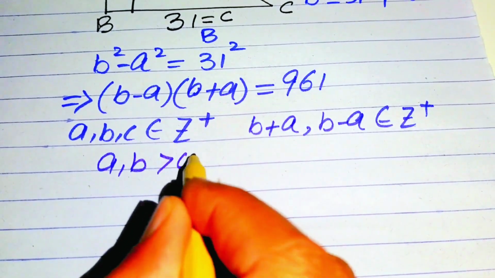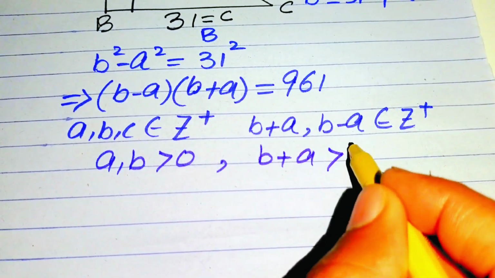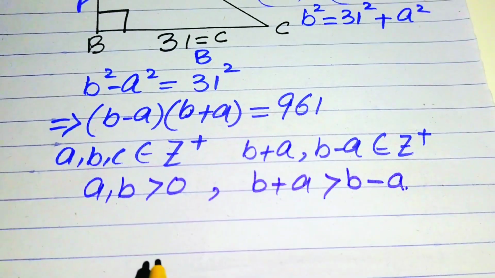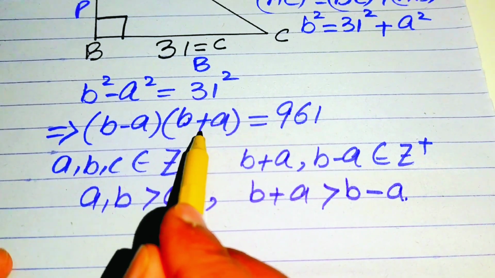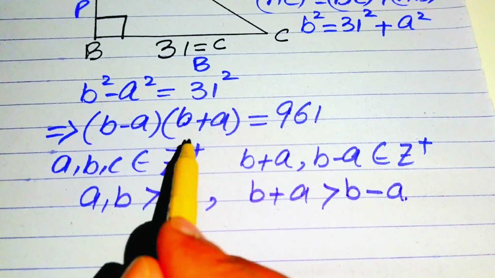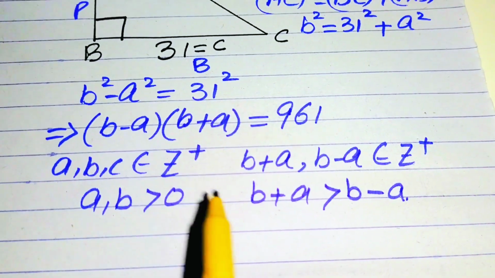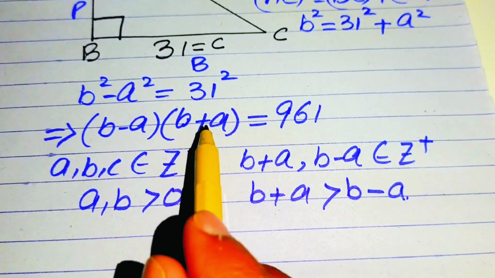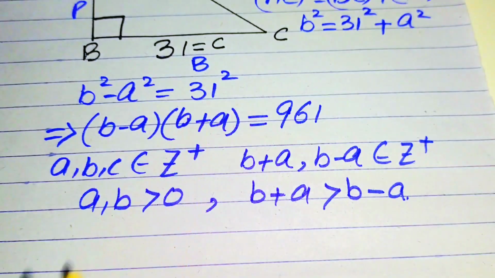If a and b are greater than 0, then b plus a is also greater than b minus a, so our first factor is less than the second factor. On the left hand side we have two factors multiplied by each other, and on the right hand side we have only one number, which is 961.